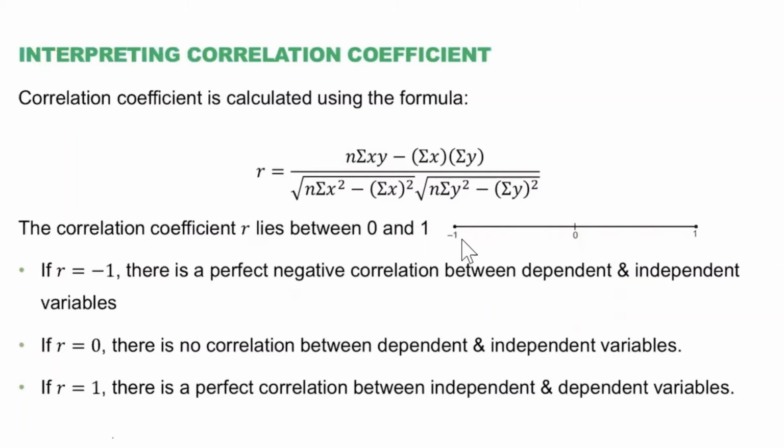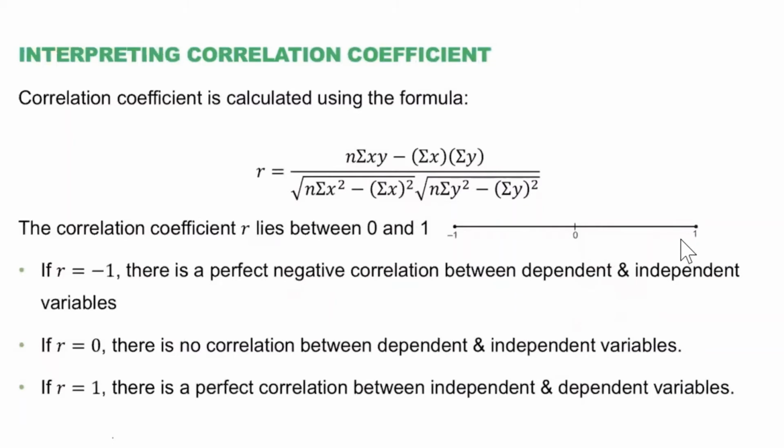If your R is exactly -1, there is a perfect negative correlation between the dependent and independent variable. If it is +1, there is a perfect positive correlation. If it is close to 0, then we say that there is no correlation between the X and Y variables.